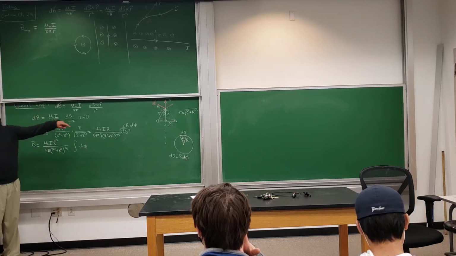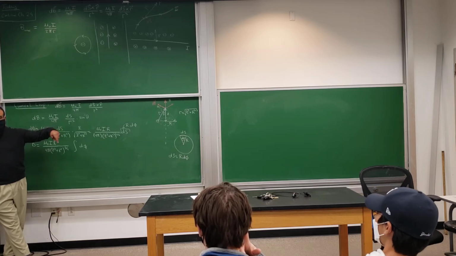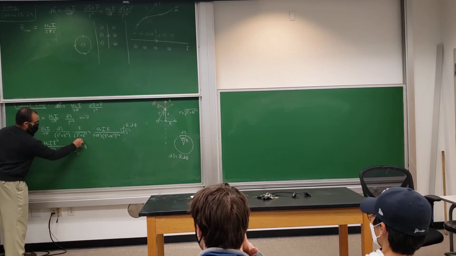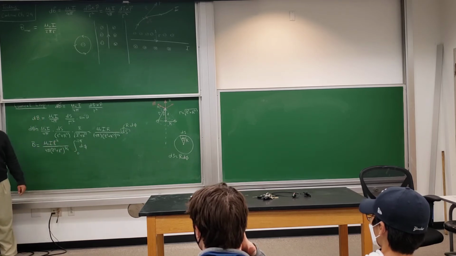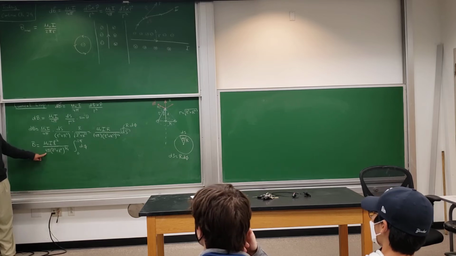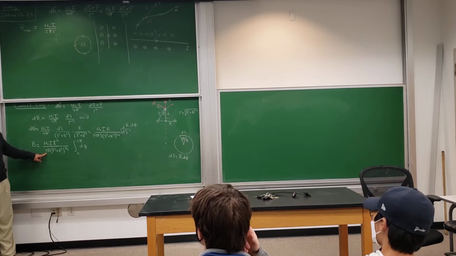Now, you're going around the loop. Phi changes from where to where? From 0 to 2 pi. When you integrate it, you just get 2 pi. Well, there is a 4 pi here. So 2 pi over 4 pi is just a 2 in the denominator, right? You have a half.